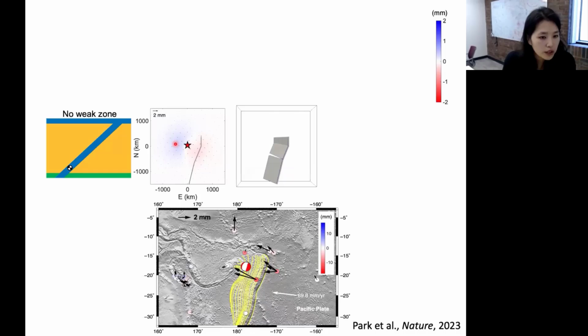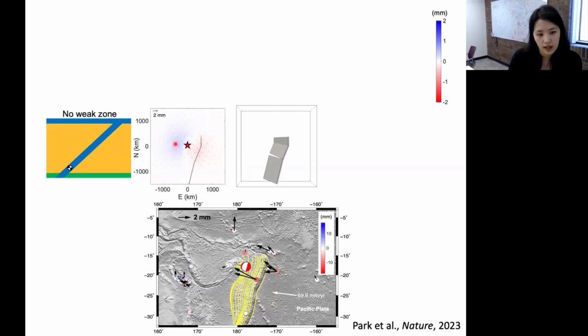So what this modeling result tells us is that if you don't have any weak zone or low viscosity structure in the system, you cannot really reproduce any significant amplitude signal observed at the surface.